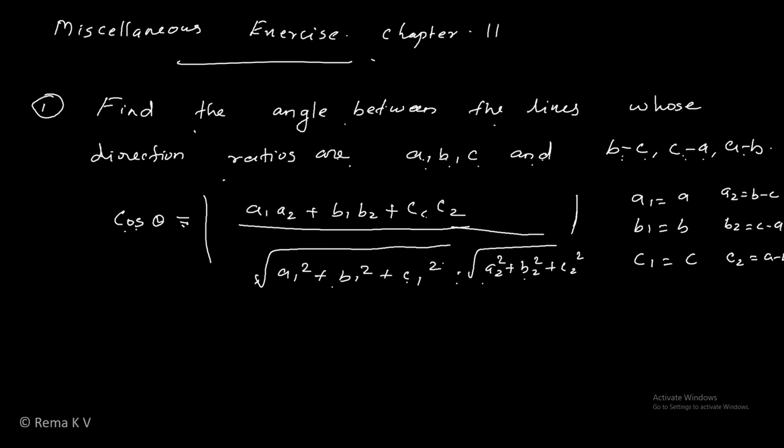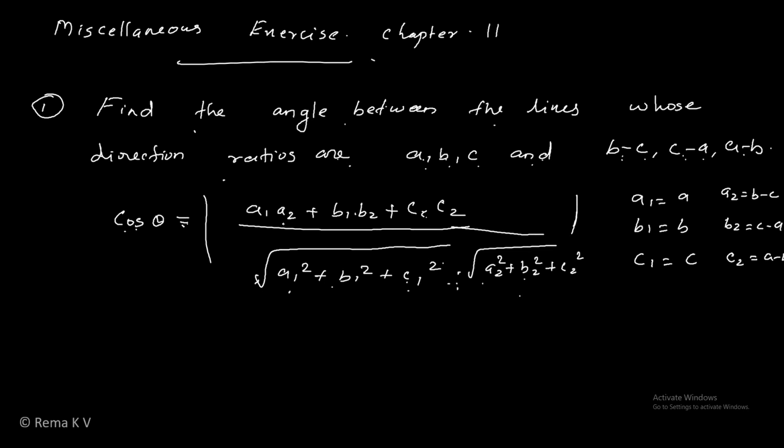Cos theta is equal to modulus of A1A2 plus B1B2 plus C1C2 divided by root of A1 square plus B1 square plus C1 square into root of A2 square plus B2 square plus C2 square, where A1, B1, C1 are the direction ratios of the first line and A2, B2, C2 are the direction ratios of the second line. So that are given to us.